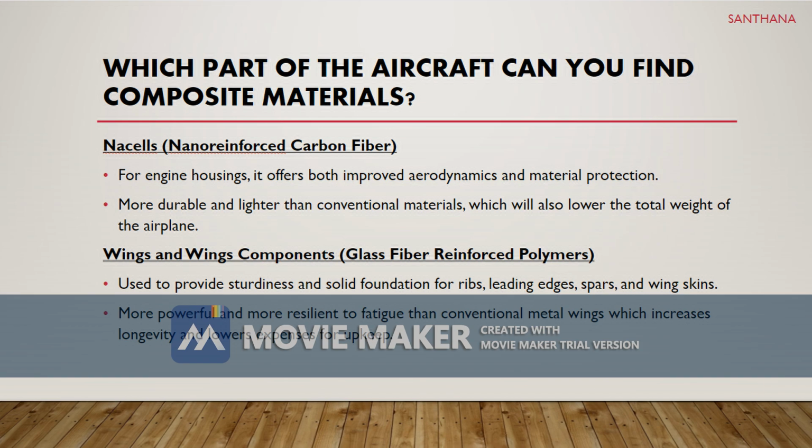This means the wings last longer, require less maintenance, and help cut down on long-term operational costs. Plus, since wings take on a lot of stress during flight, using a material that can withstand the pressure while keeping the aircraft lightweight is a huge advantage. So, whether it's improving aerodynamics with lightweight engine housings or enhancing wing durability with advanced composites, these materials are shaping the future of modern aircraft.